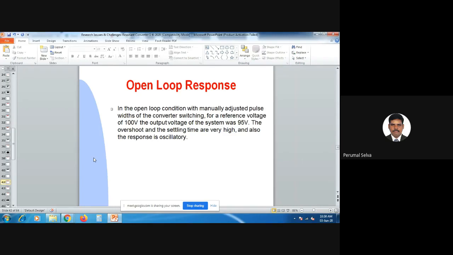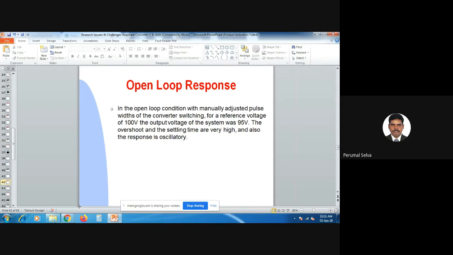So this part is the overall results and discussion. The performance of the fuzzy controller was compared with the open loop response and the PI controller based LCL resonant converter. First is the open loop response.